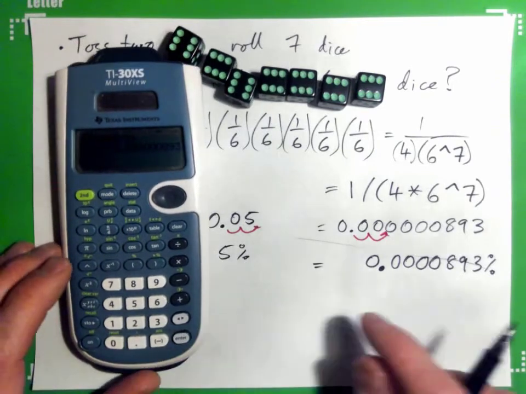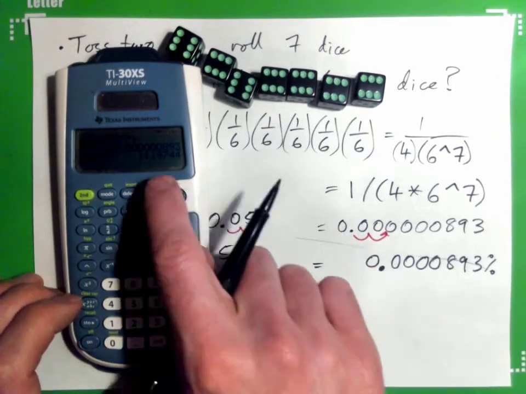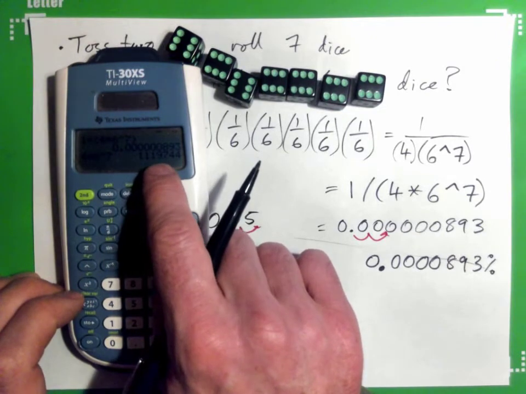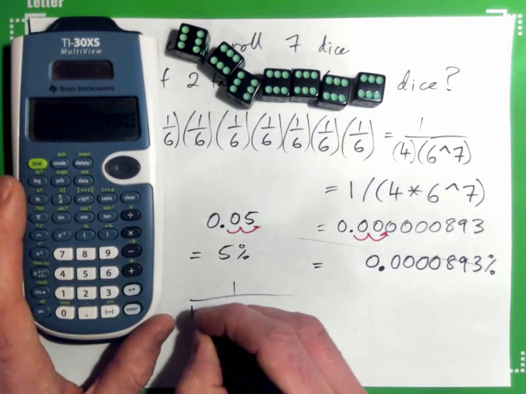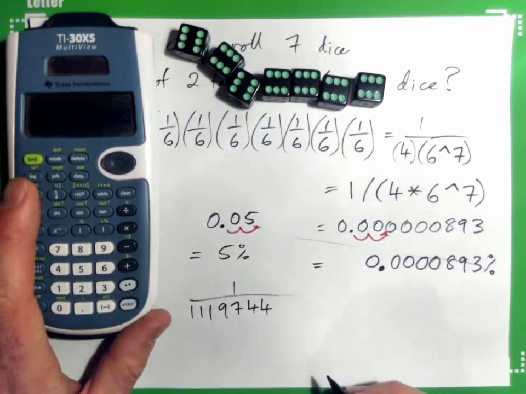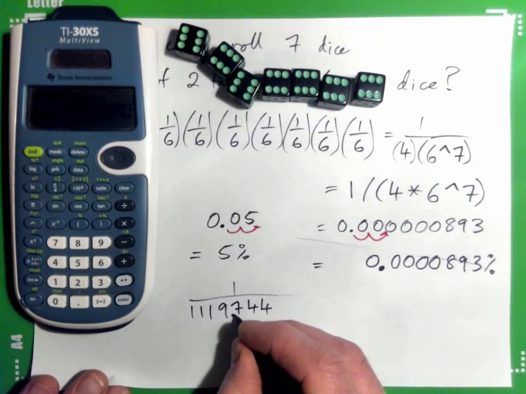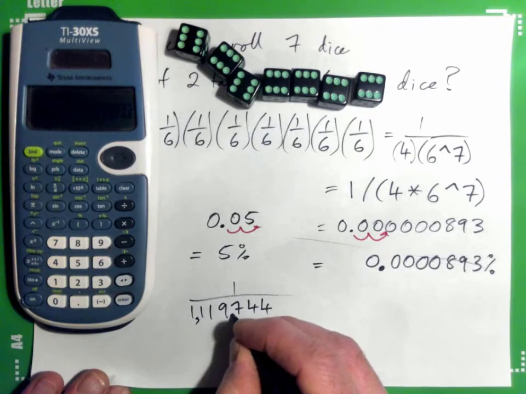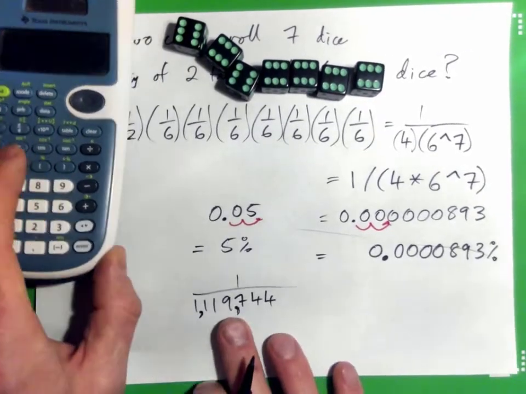And in fact, just for fun, 4 times 6 to the power of 7 is 1,119,744, so this is 1 over 1,119,744, right? Put in the commas here. What number do I have here?